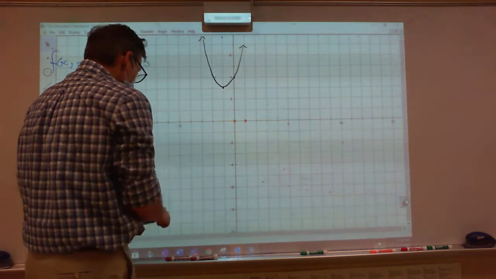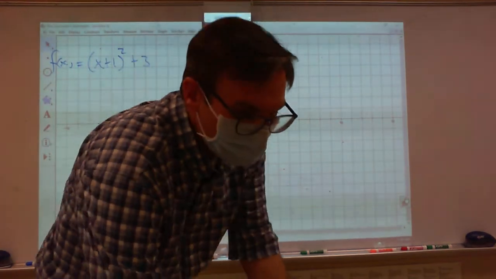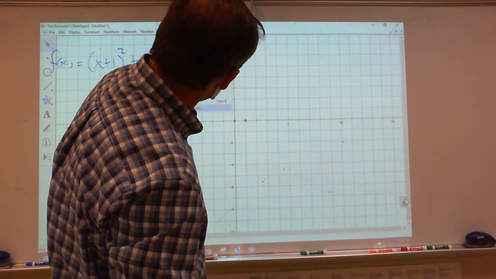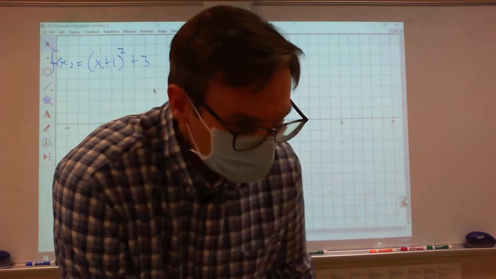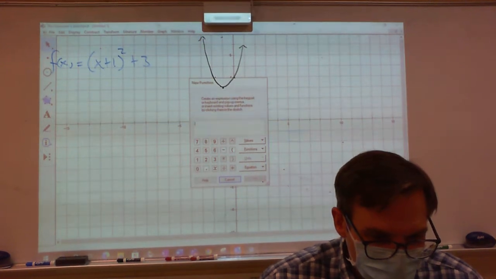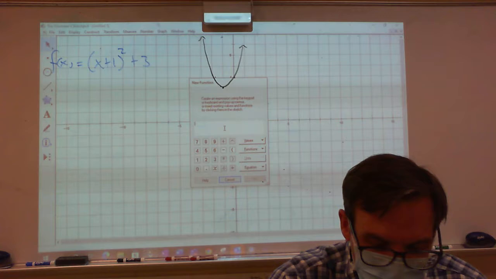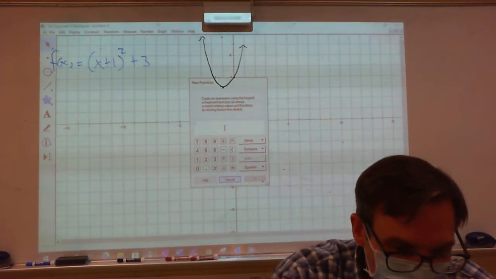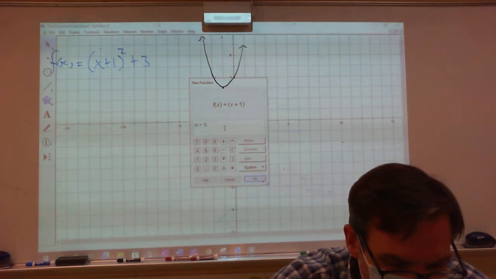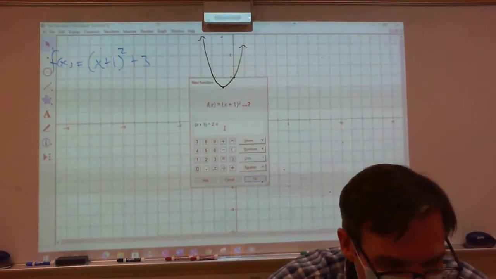Perfect. And actually, while I'm at it, let's plot a new function. I actually want to plot this function, so that's going to be x plus 1 squared plus 3.